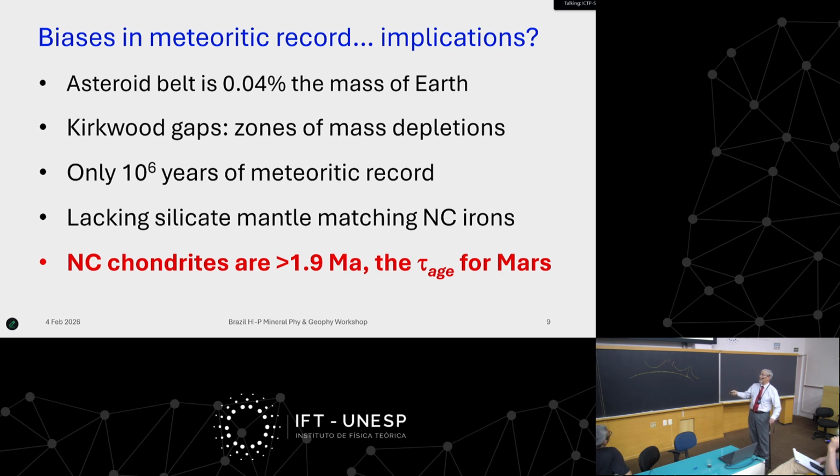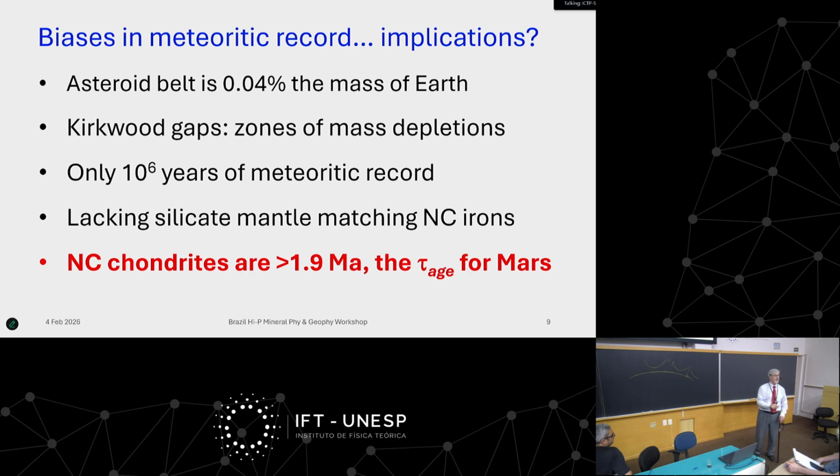And now here's the other big bias that I'll put a lot of emphasis on. The NC chondrites, we have non-chondrites and chondrites that are NC, non-chondrites and chondrites that are CC. So chondrites, again, are the ones that are mixtures of metal and silicate. Non-chondrites, which we call achondrites, are differentiated. Iron meteorite, that's an achondrite. Just silicate, that's an achondrite, okay?